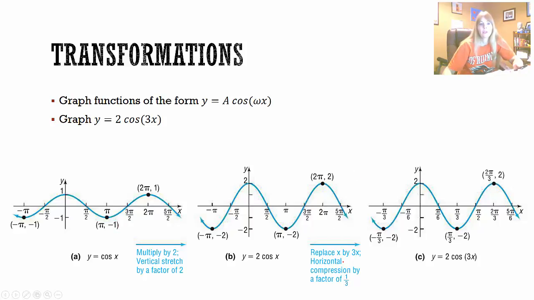And then I'm going to replace x by 3x. So this is my horizontal compression by a factor of 1/3. In other words, I'm taking 2 pi and dividing by 3, multiplying by 1/3. My pi, taking 1/3 of it, and so on.